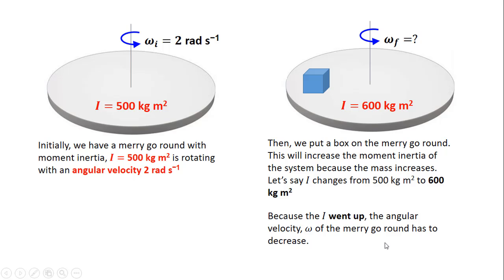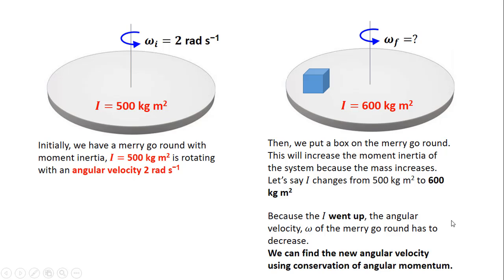Because our I went up, increased, the angular velocity omega of the merry-go-round has to decrease. So how can we find the new, or final, angular velocity of the merry-go-round?